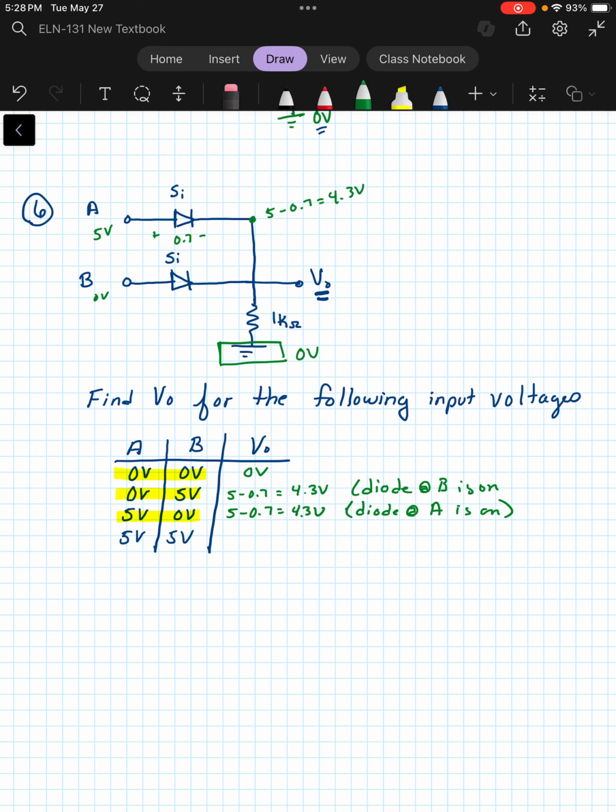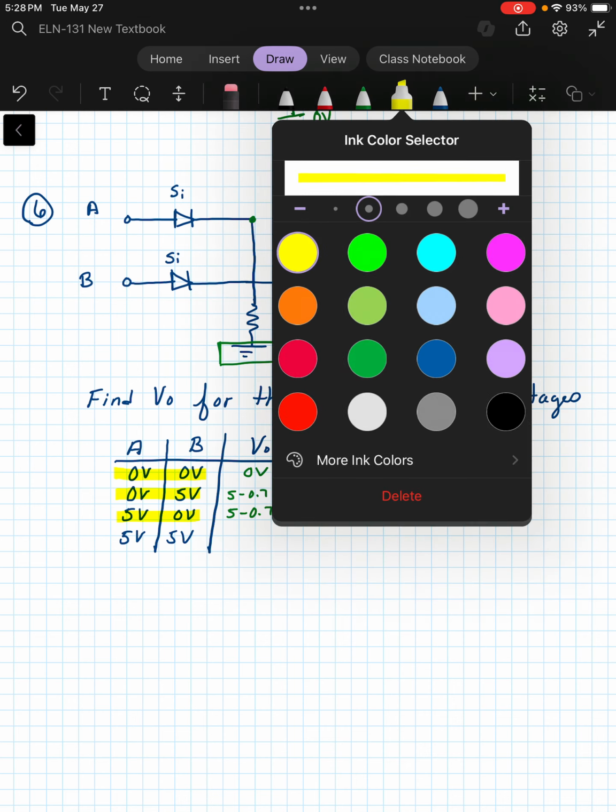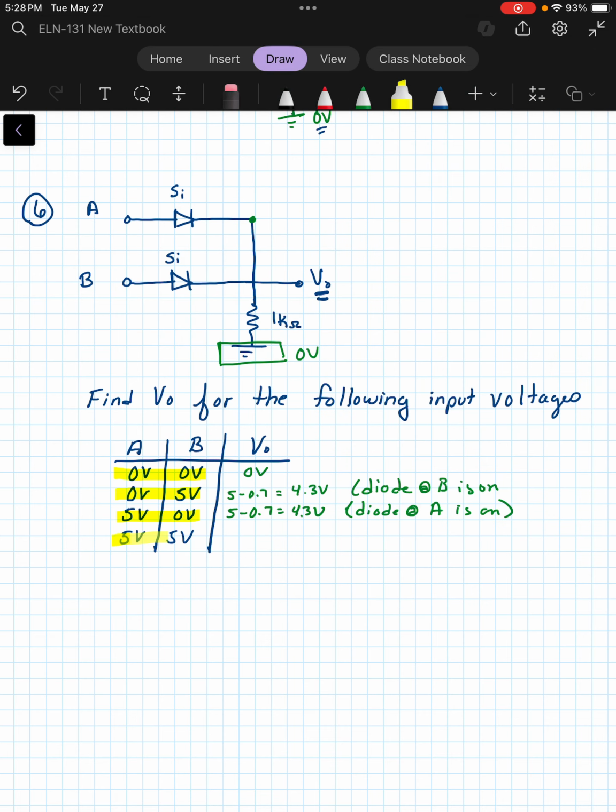Okay, so what happens for the final case where both A and B are biased at 5 volts? We've got a plus 5 volts here and a plus 5 volts here.